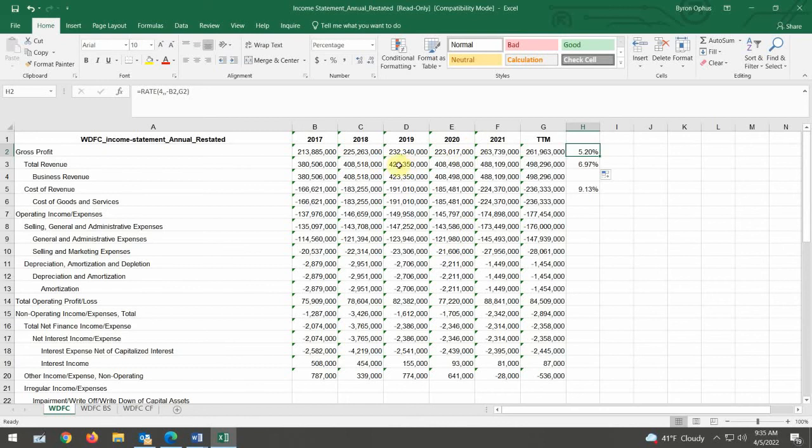Went from, in 2019, which should have been a full year revenue of 423, and it dropped down to 408. I bet you if I look at their annual report, which is what you should do, I would find that was probably pandemic related, and then it took a huge jump, okay, in 2021.